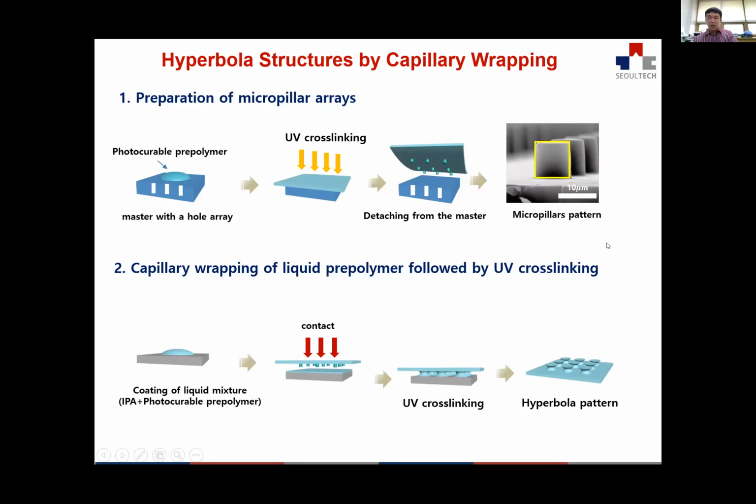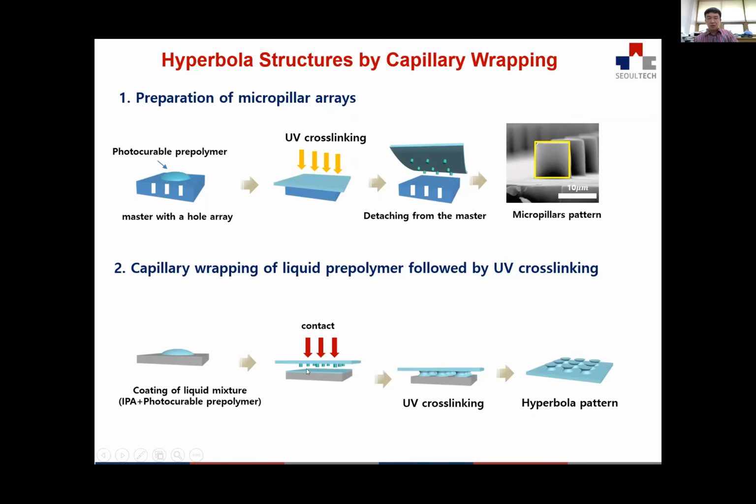For making the re-entrant structures, we use capillary wrapping. For the capillary wrapping of the liquid prepolymer on a micropillar array, we coat a liquid mixture with isopropyl alcohol, and then we contact the micropillar array on the liquid.